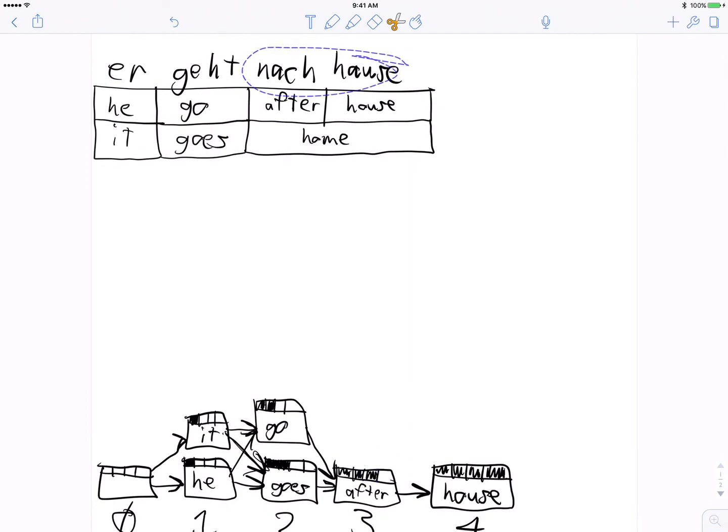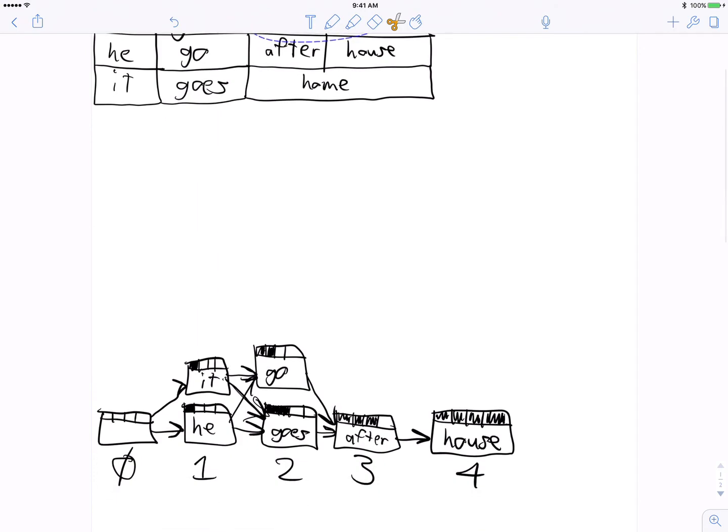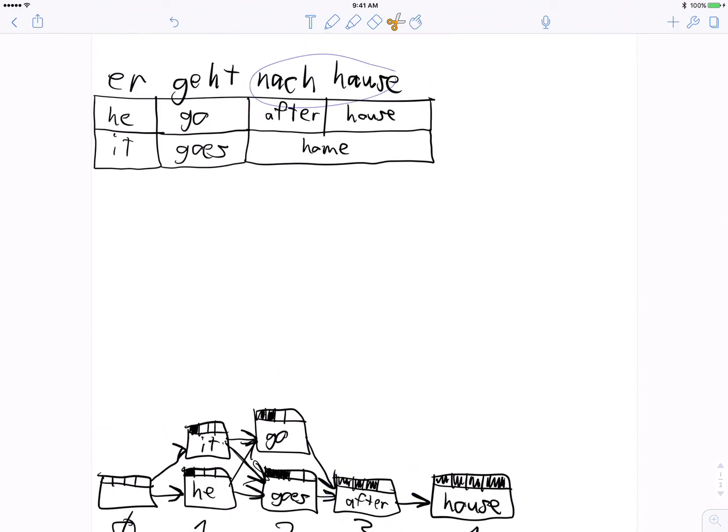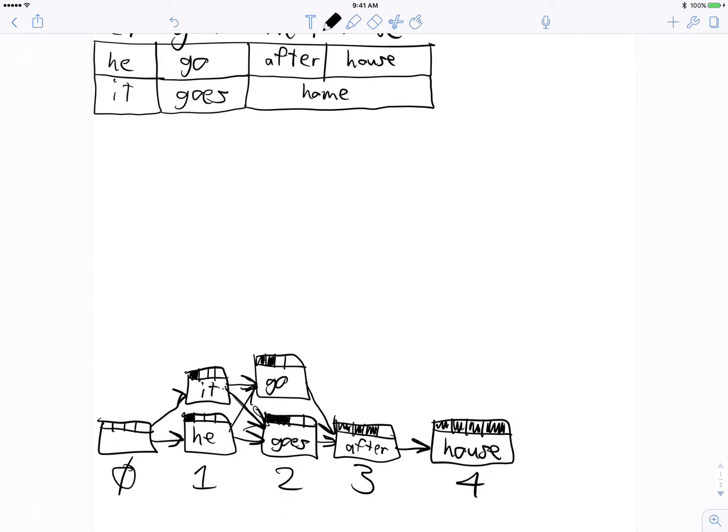Translating nach Hause requires us to translate the 3rd and 4th word of the source sentence, but here the 3rd word had already been translated as after. We can't translate the same source word twice, therefore we cannot extend this by translating nach Hause. But we can extend this, and we can extend this.